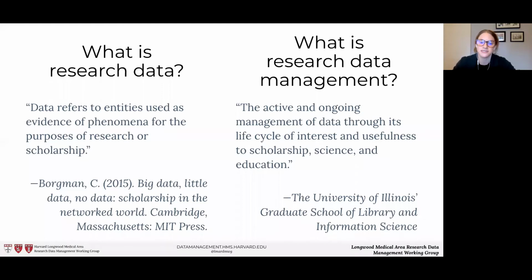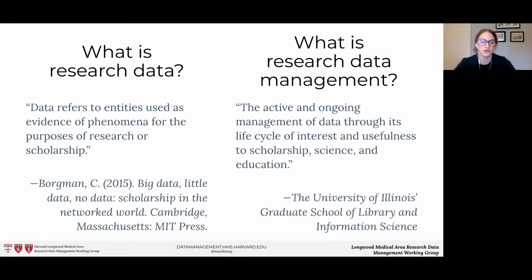Another point is that research data are not raw, they're not pure, they're created in a specific context. Data always have a specific social, cultural, and research context that help give it meaning. We create data in a particular context, and then that data can be reused from a variety of other perspectives and contexts. When we talk about data being reused, we need to take some steps with our data to ensure that that can actually be possible.